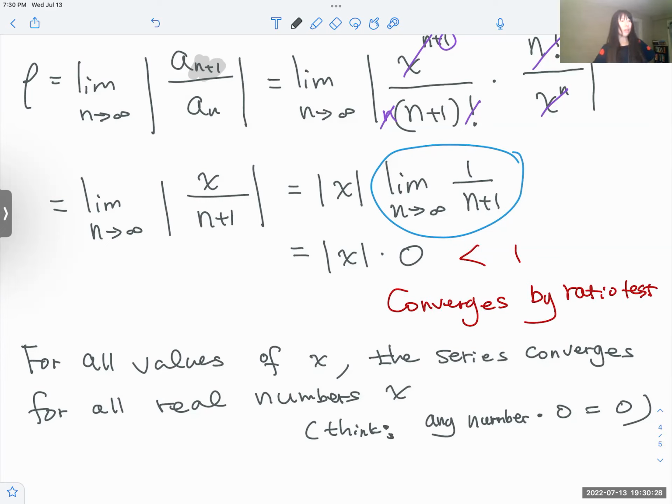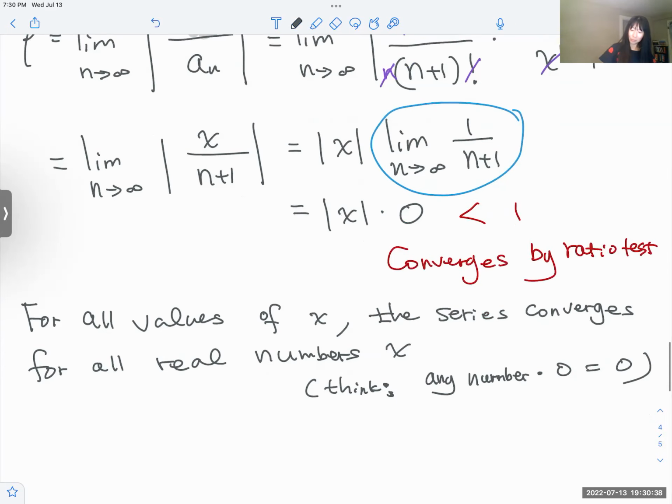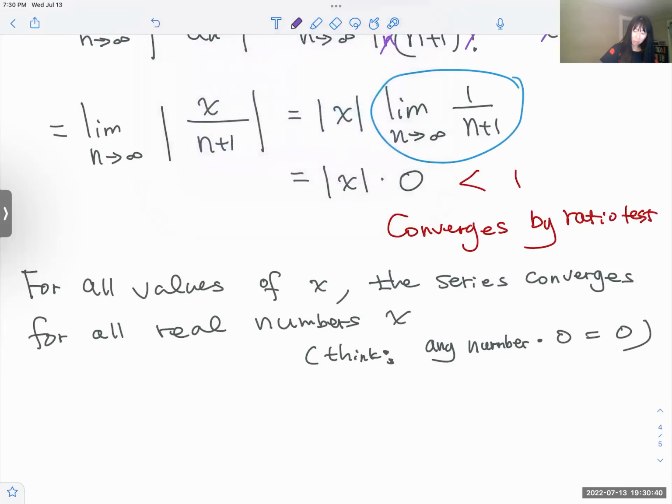Okay. All right, then we say that it converges everywhere, right? So this means converges everywhere, because we talk about the x. So for all x values, it converges everywhere, right?